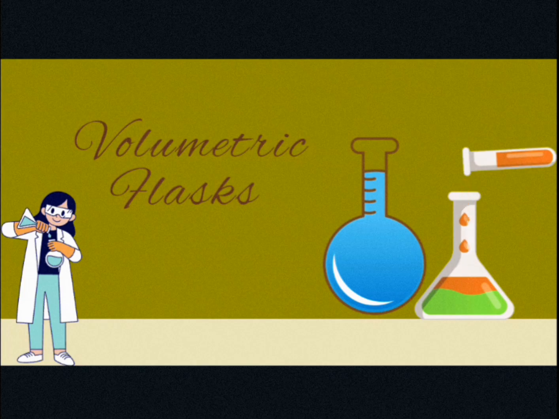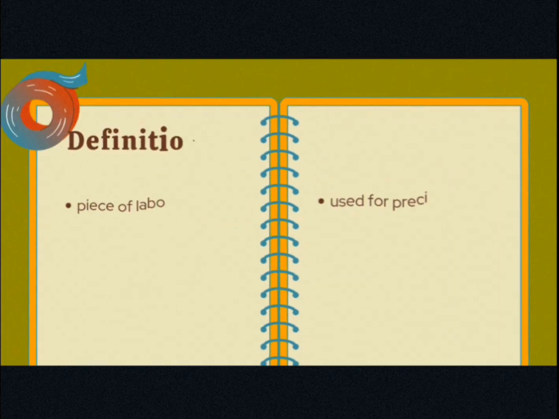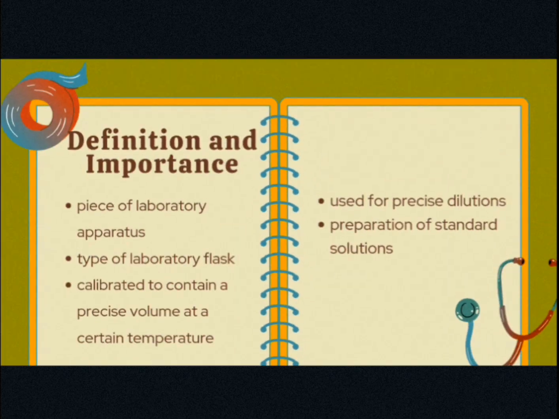Volumetric flask, a piece of laboratory apparatus, is a type of laboratory flask calibrated to contain a precise volume at a certain temperature, used for precise dilutions and preparation of standard solutions.